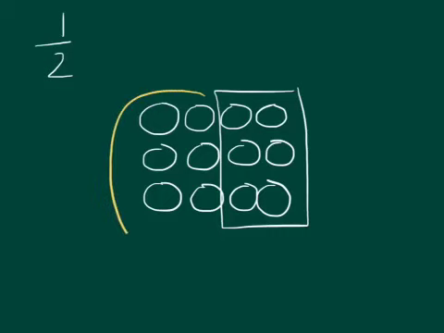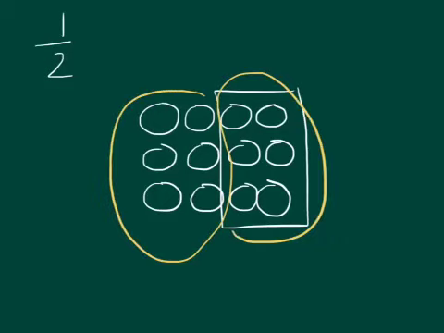So you made 2 groups, okay? So you took one of the 2 groups, and you knew that in that group was 6. That's exactly how to do it. So 1/2 of 12 is equal to 6 cookies.